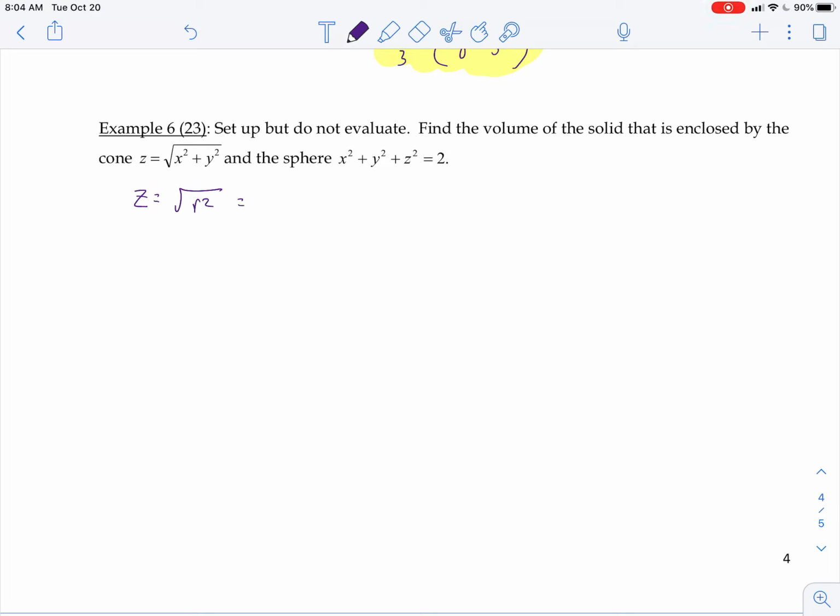So we got a cone, and so this is the square root of x squared plus y squared. So real quick, this is going to be z equals the square root of r squared, which is just r. All right, this cone is going to be facing upwards because z is positive.